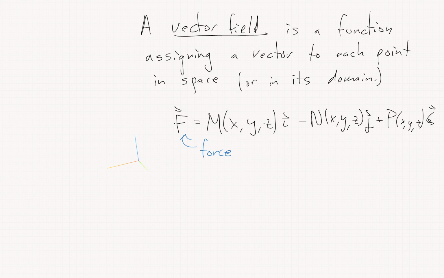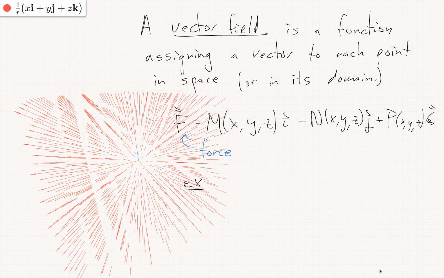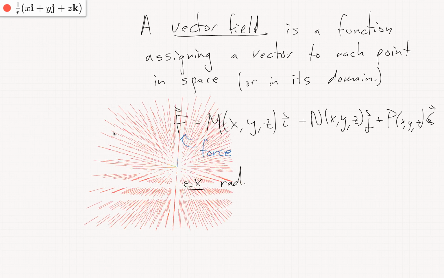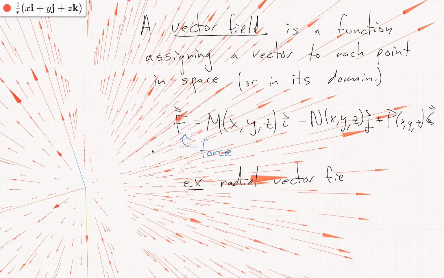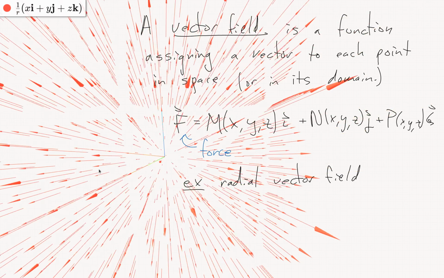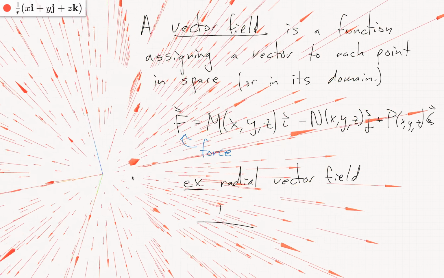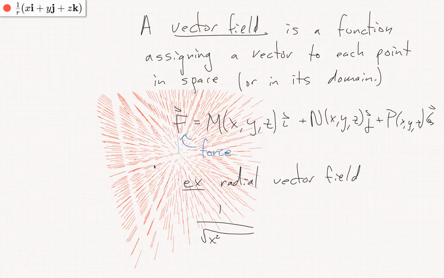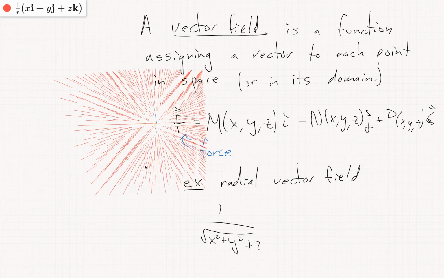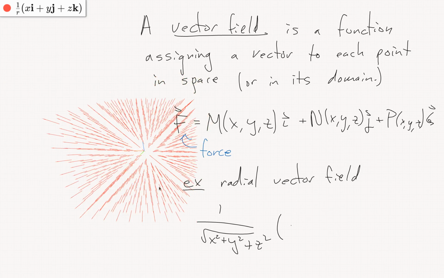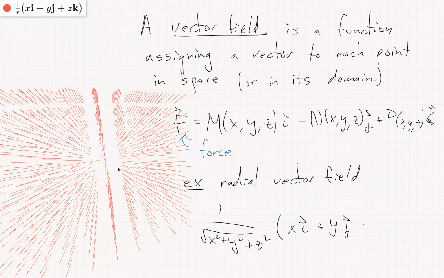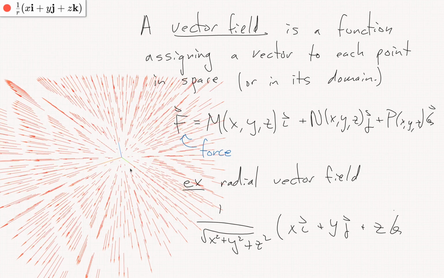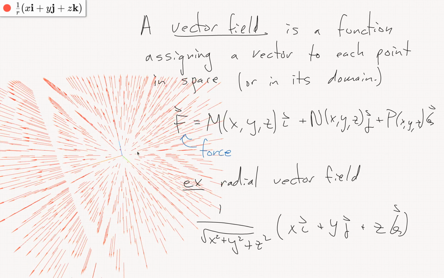An example is the radial vector field given by 1 over root x squared plus y squared plus z squared, times xi plus yj plus zk.